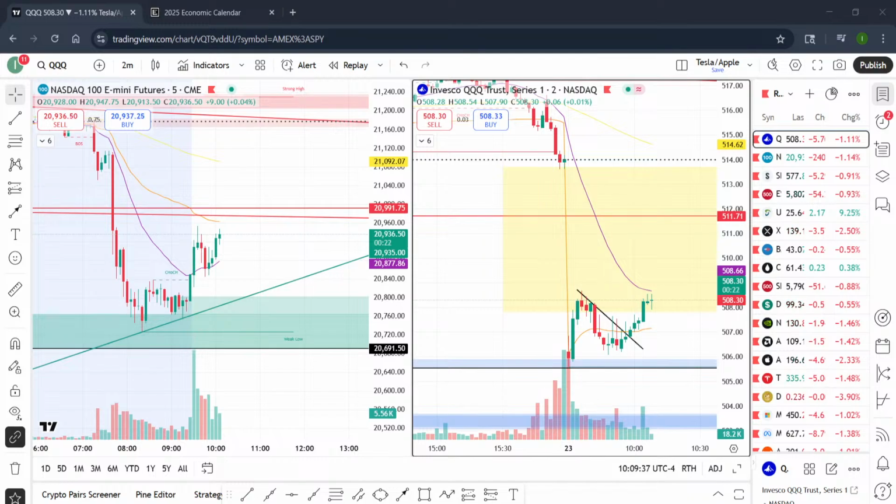She's going up. We're getting close to that resistance. We could see some sellers stepping in there. So if you're on buys, don't overstay.